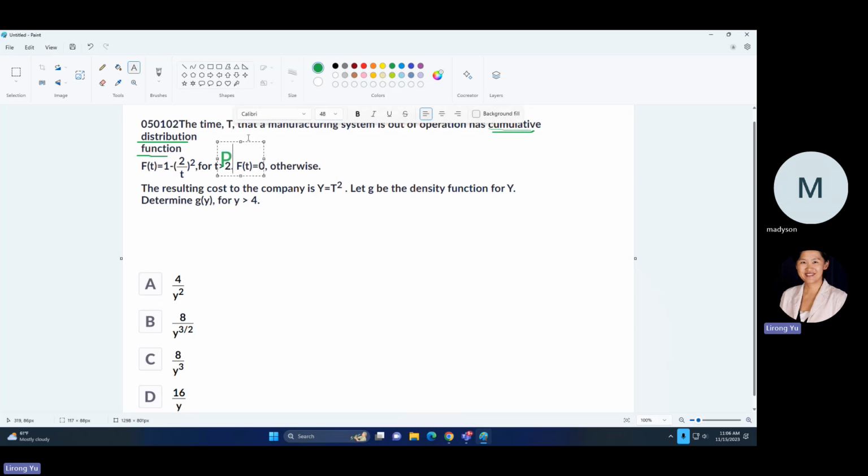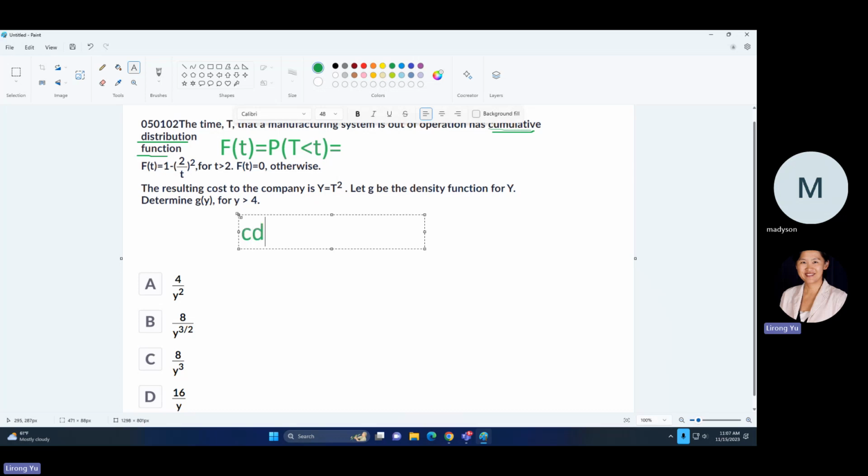So F of t is equal to the probability that T is less than the number t. That's really the definition for the CDF. For any probability of being less than a certain number, we'll be able to write it out. So we already have it, and we can use the CDF approach.